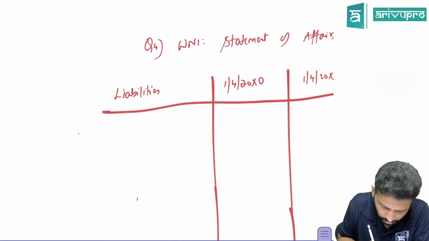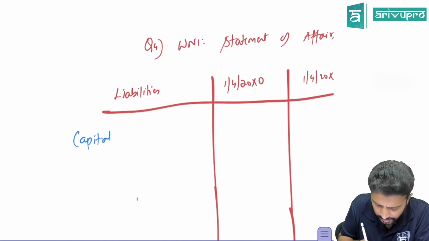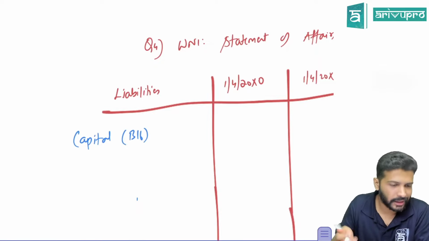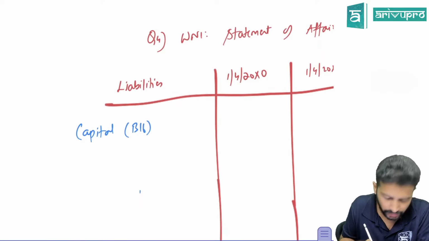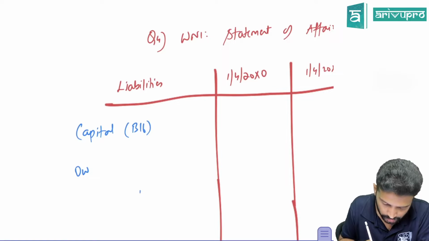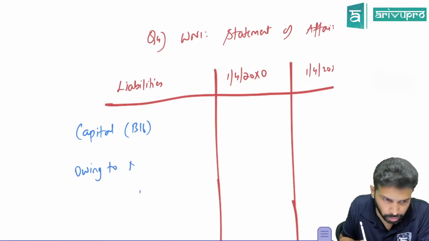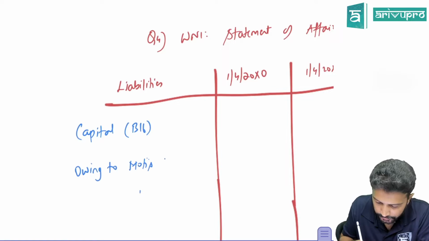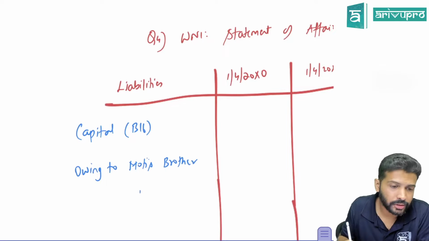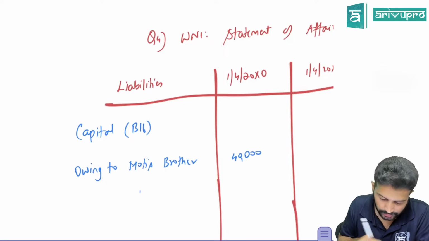You get capital as balancing figure. I'll write one line of that. And then we have owing to Moti's brother, and that amount is 40,000. Any other liability?